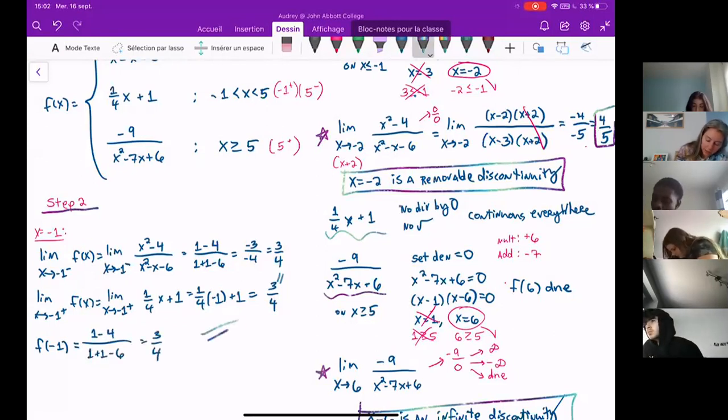So all of these are equal, and what did we say it means when they're all equal? You got it, that it's continuous.